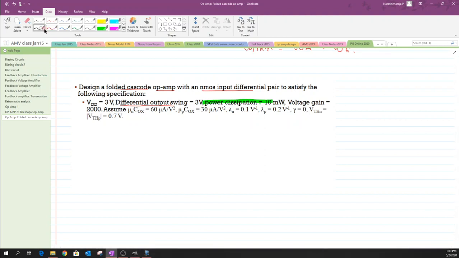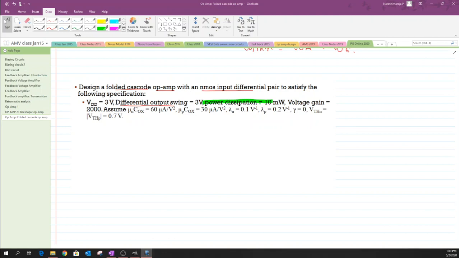Before that, one has to draw the complete structure of this folded cascode op amp with NMOS input differential pair. I would advise you to draw the structure and try to get the answer yourself, because there are cases where you will obviously make some mistakes.